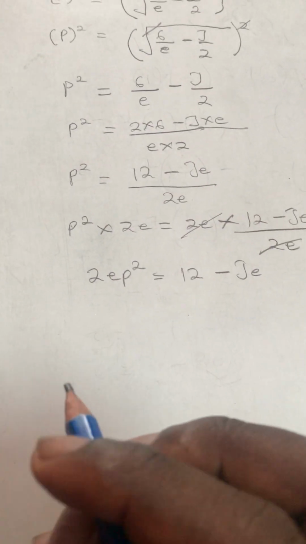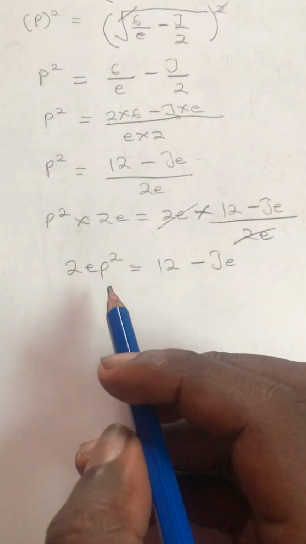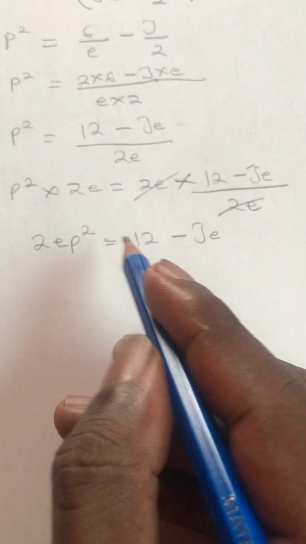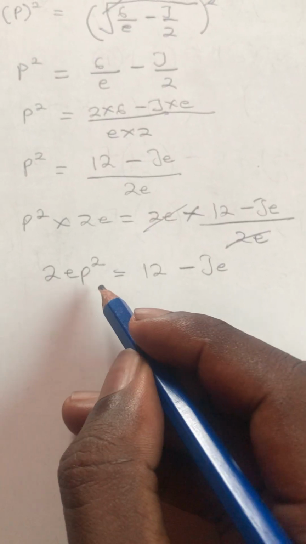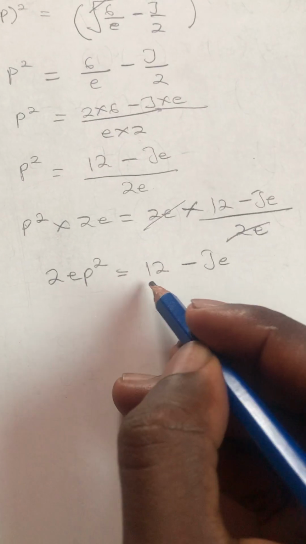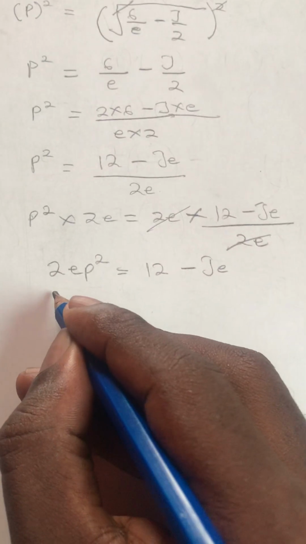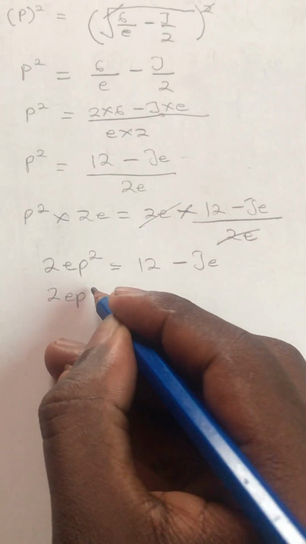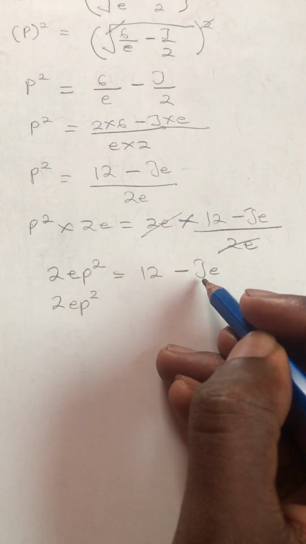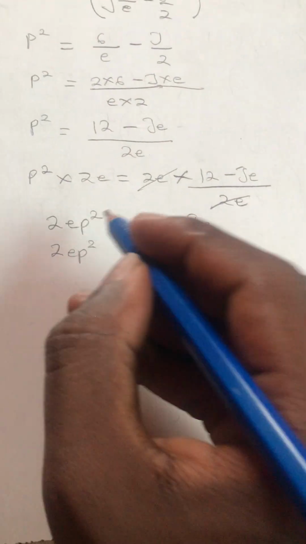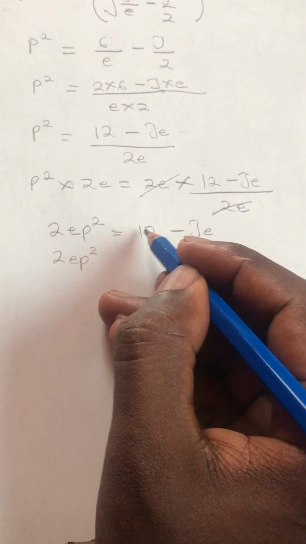So here we group like terms. 2EP squared and negative JE are like terms, so we group them to one place. So we are going to have 2EP squared, and negative JE is a negative number. When it crosses the equal to sign, it changes its form.